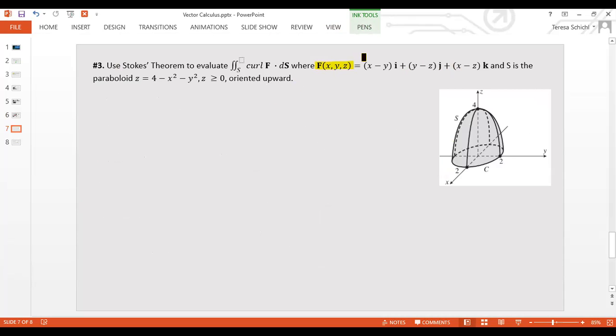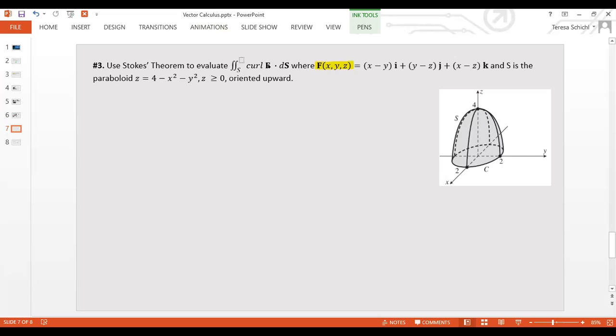S is the paraboloid, a surface that touches the xy plane. Let's see what the surface integral is for this problem. If you want to do the curl, you need to do the parameterization of the surface.